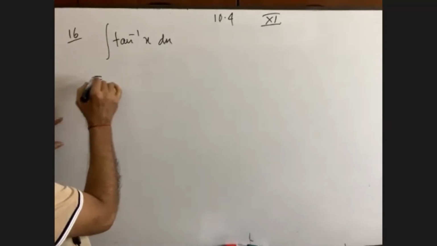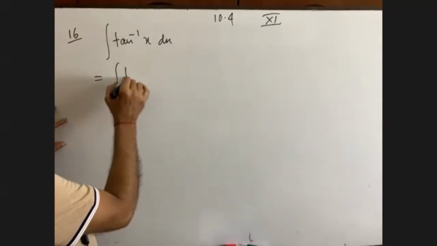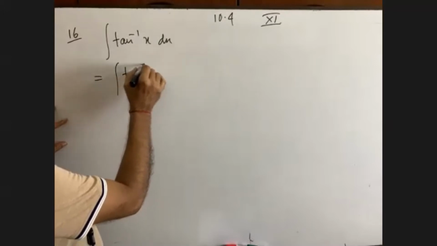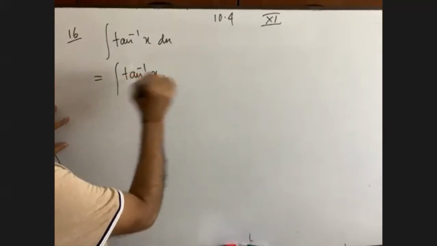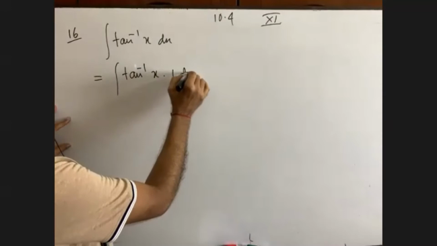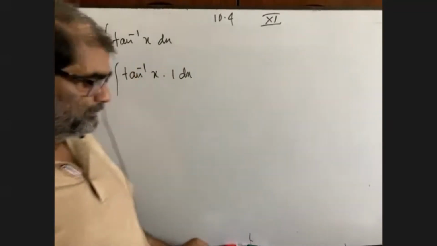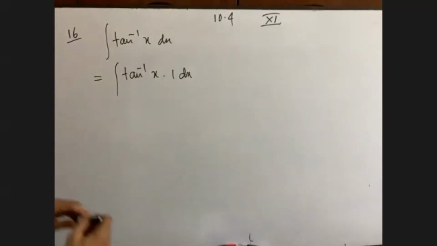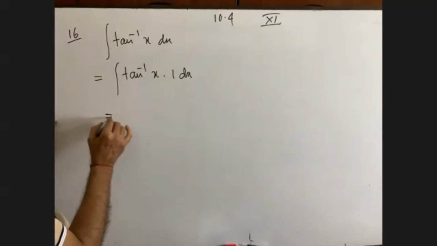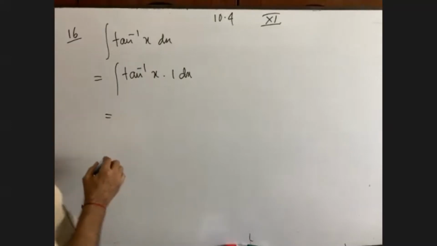You write down this: tan inverse x dot 1 dx. Are you getting me? That is, let me know the formula.